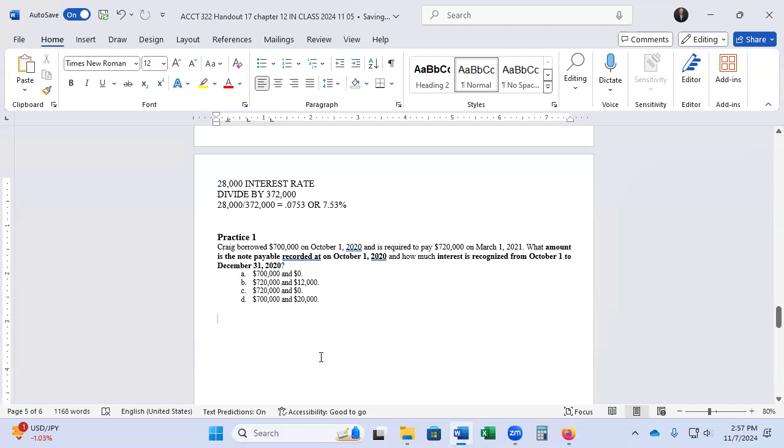So it borrowed 700,000 on October 1. So the borrowing is 700,000. That would be the note payable. And then you have the difference, 720,000 minus 700,000. And that equals 20,000 of interest.